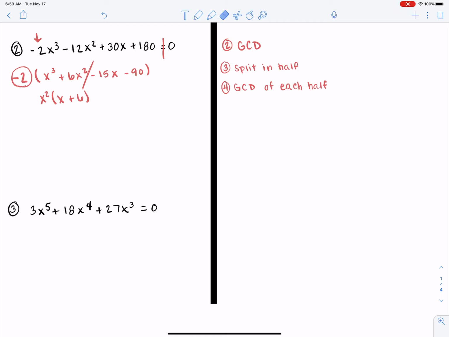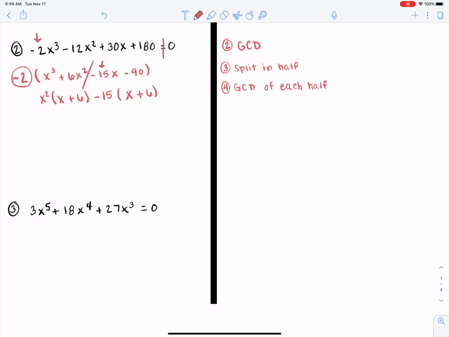On the next half, I notice my x is negative, so I'm going to take out a negative number. 15 and 90 can both be divided by 15. So I'm going to take negative 15 out. Negative 15x divided by negative 15 is just a positive x. Negative 90 divided by negative 15 is a positive 6.